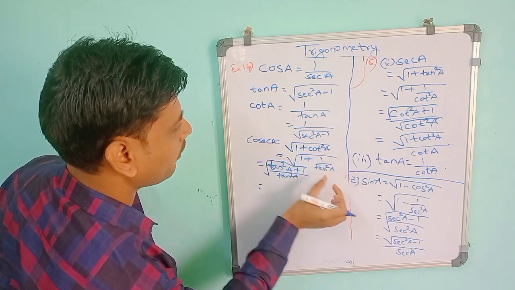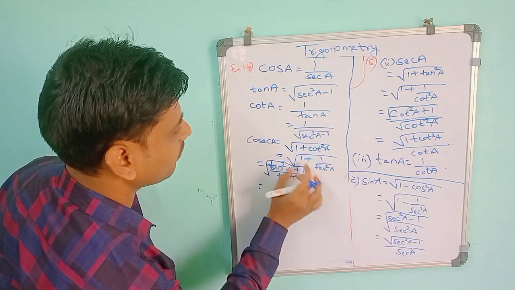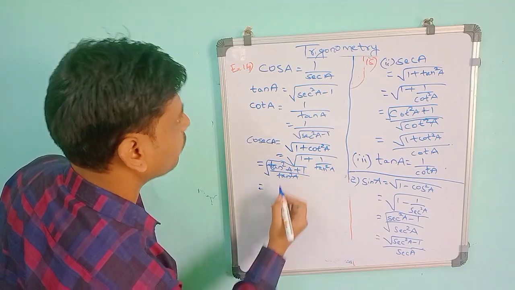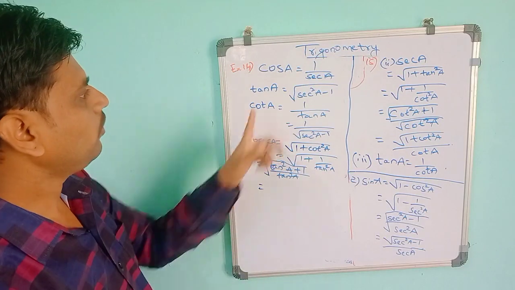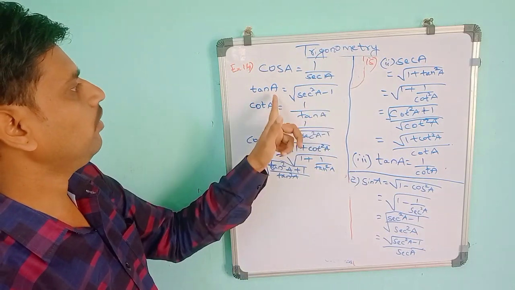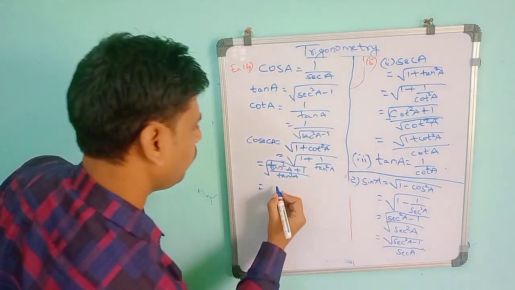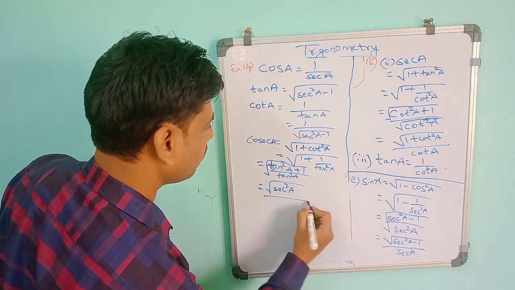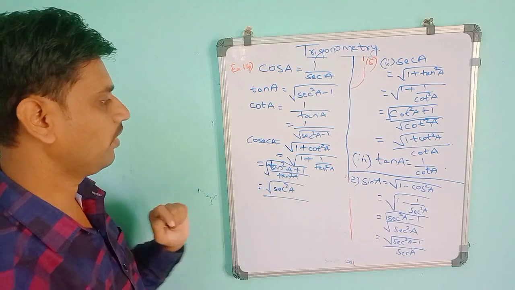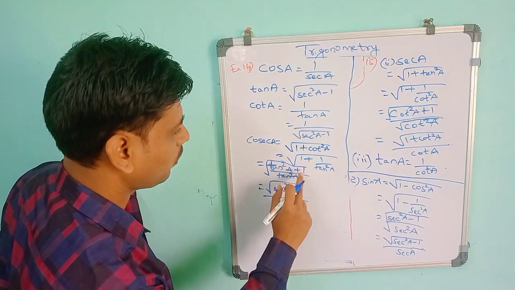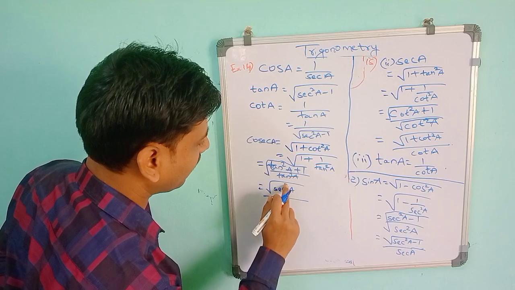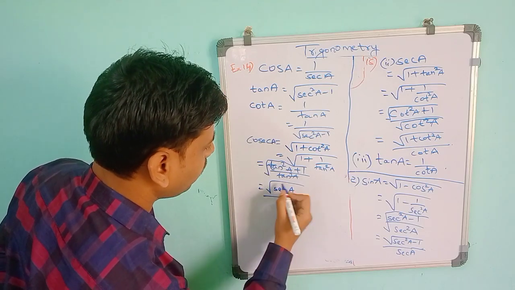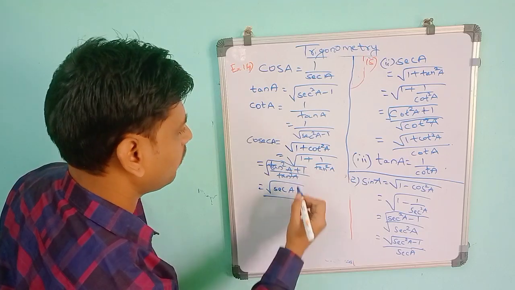Because cot is converted to tan, and tan square a is the LCM. So tan square a plus 1, if you take this one, it will become sec square a, because 1 plus tan square is sec square a. So root of 1 plus tan square a means it will be sec a.